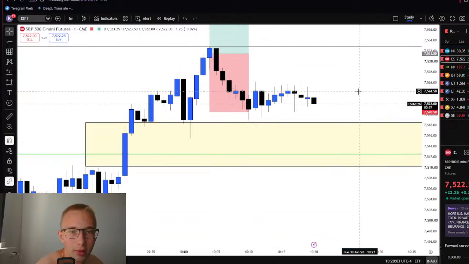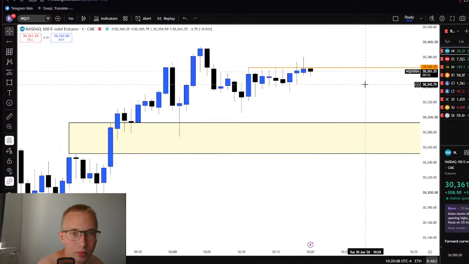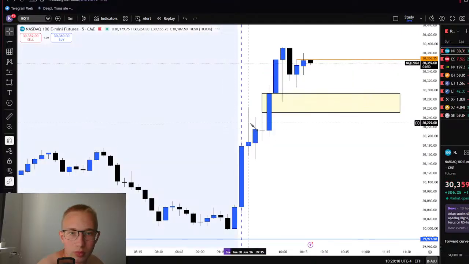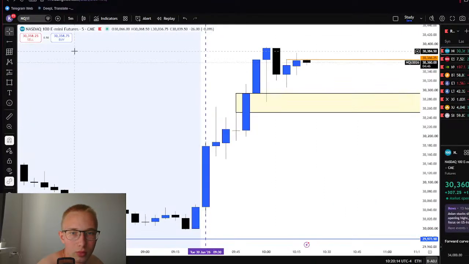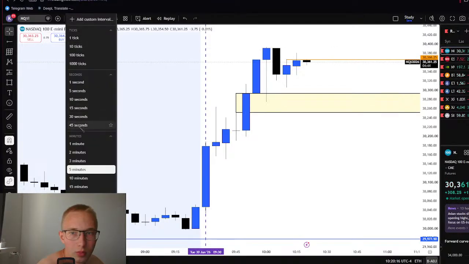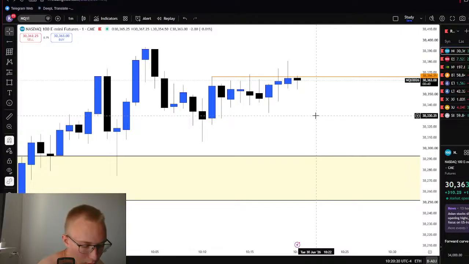It doesn't want to break the structure. No break. This is looking smoked, boys.